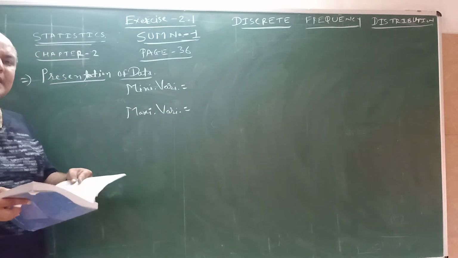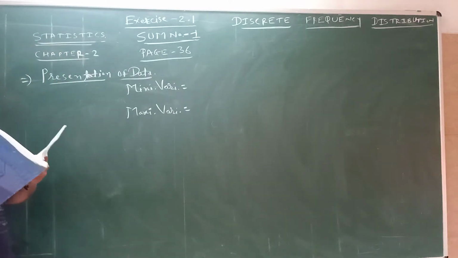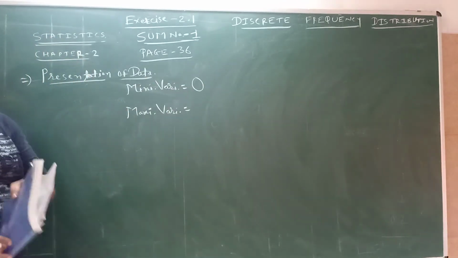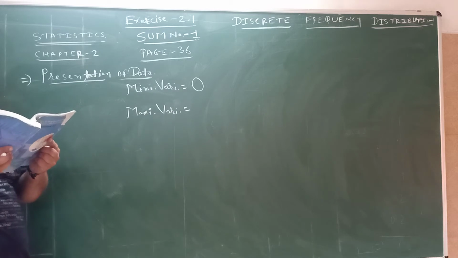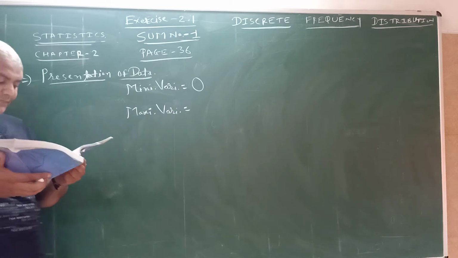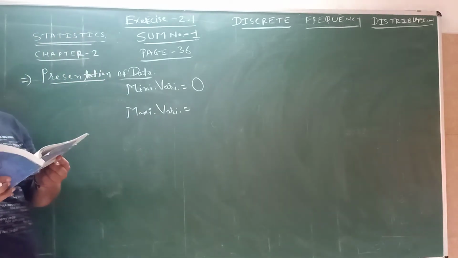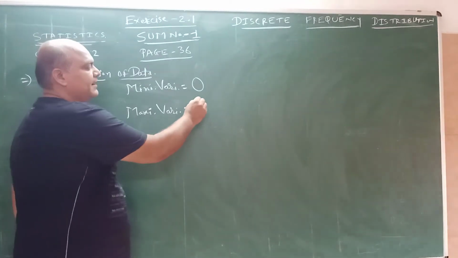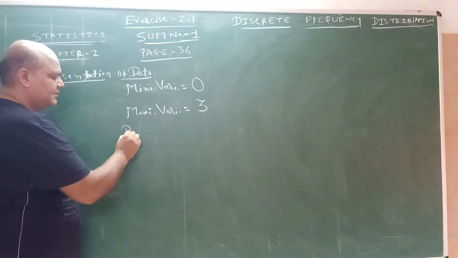So the minimum variable or digit from all the digits is 0, as you all can see, and the maximum digit is 3. The maximum is 3, so we can find the range.